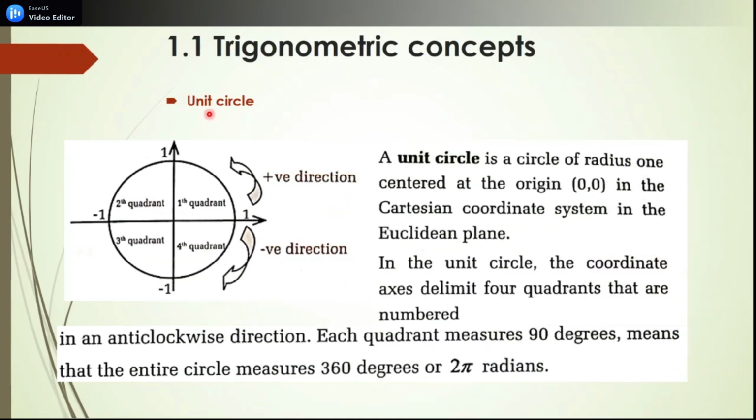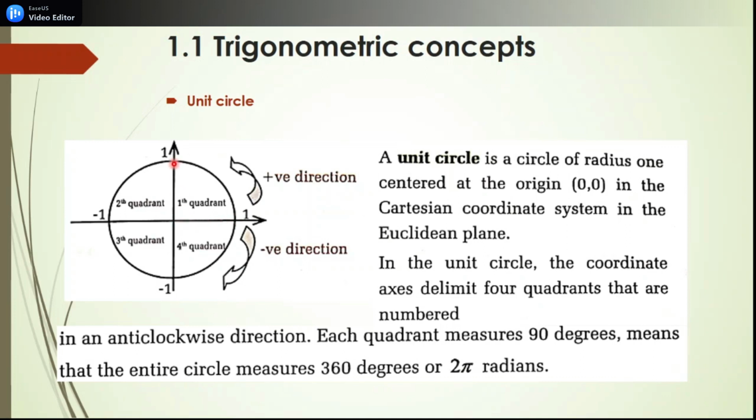We have a unity circle. What is a unity circle? A unity circle is a circle which has a center at 0, 0 and the radius equal to 1. From the center to the curve of the circle is equal to 1. You have this distance equal to 1.